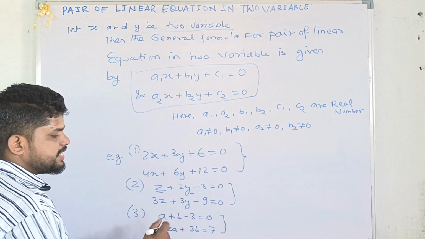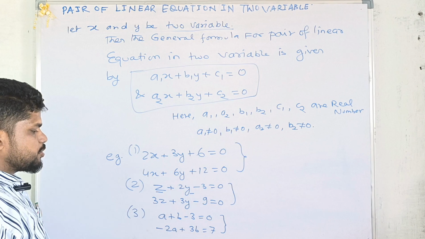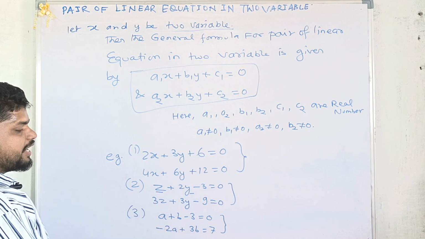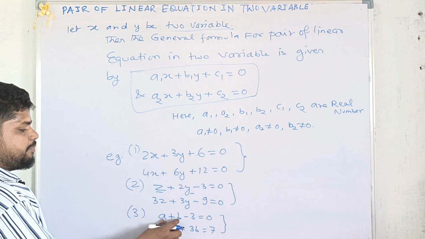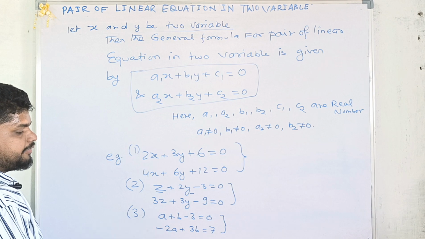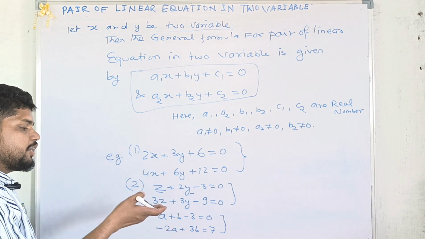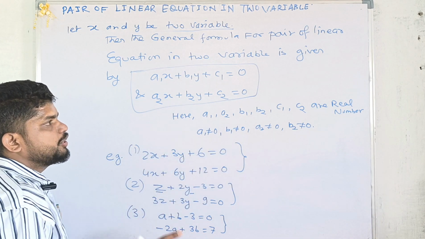Here the variables are a and b, and they are written in this form only. So the coefficient of a and coefficient of b, here a and b are the variables now. So the coefficients of a and b are non-zero again, and they themselves have degree 1. So these are examples of linear equations in two variables.